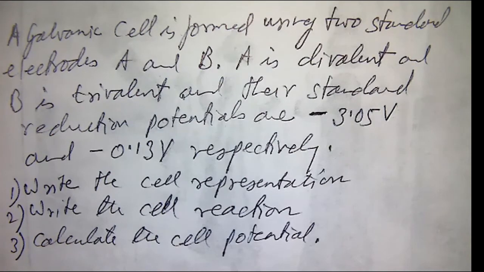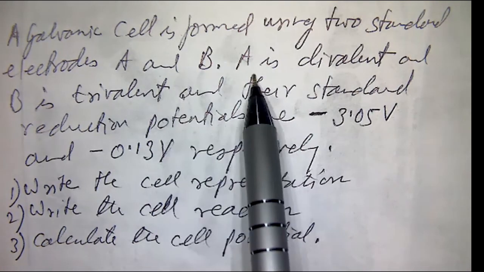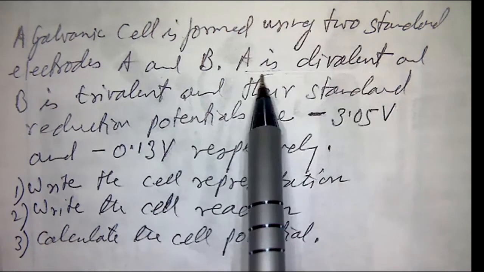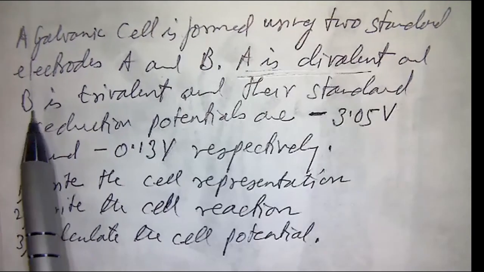Yes, tell me. Any problem? Sir, A is anode and B is cathode. Okay, let's see whether you are correct or not. Look here. A is divalent and B is trivalent.